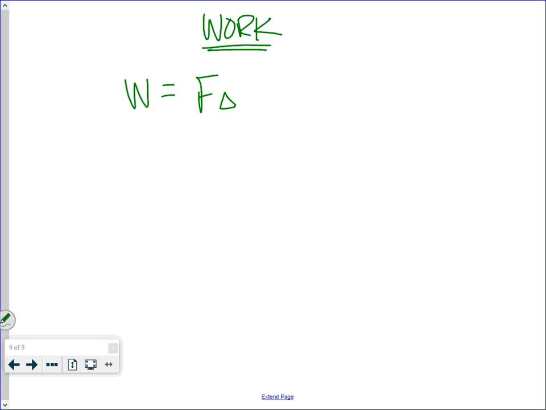So the definition of work from a physics standpoint is F times delta X. And that's going to, well, in every case, change energy. Work changes energy.